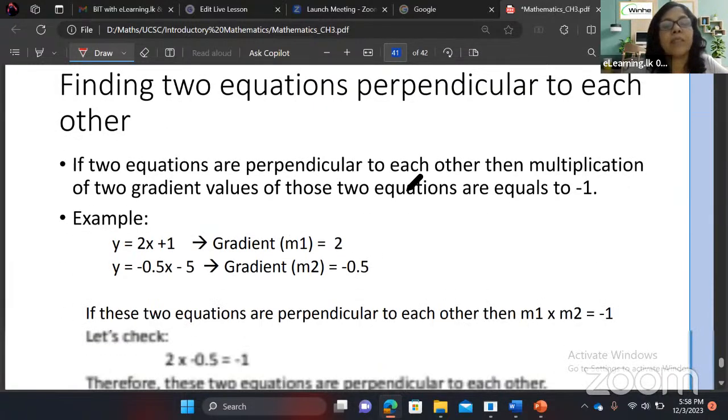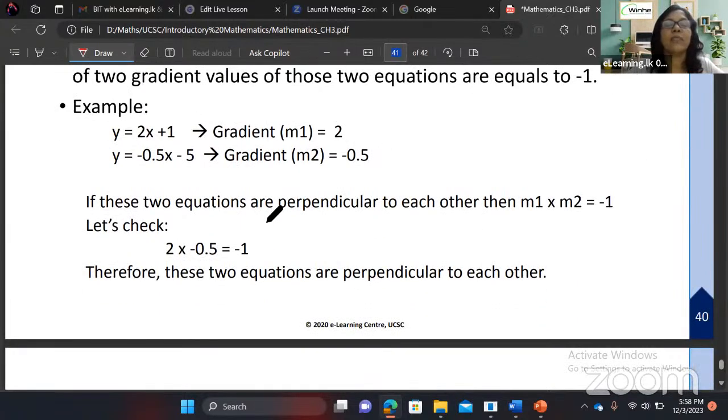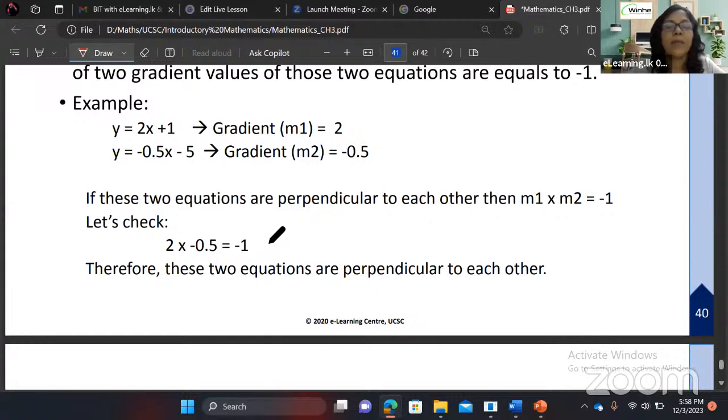Then the multiplication of the gradients should be equivalent to -1. If the multiplication of the gradients of two lines is equivalent to -1, then we say the two lines are perpendicular.